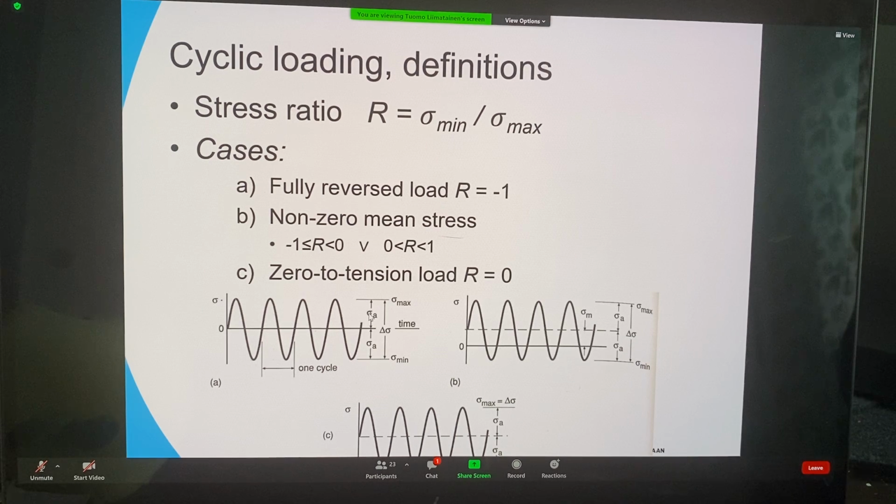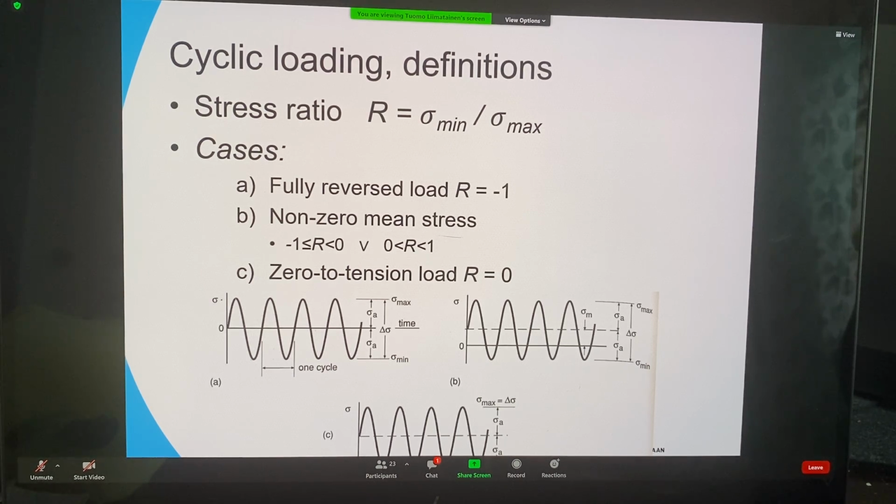Now when we look into more detail about this cyclic loading and consider the minimum and maximum stresses, we can calculate the so-called stress ratio using the minimum and maximum stress. Sigma min divided by sigma max is the stress ratio. And that is telling us what is the form of the cyclic loading. So the stress ratio, which is denoted as R, is often described in combination with, for example, fatigue results.